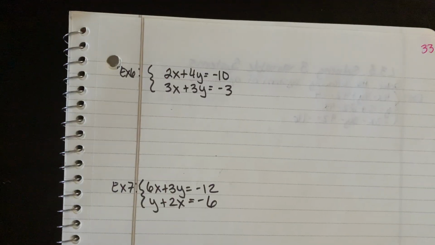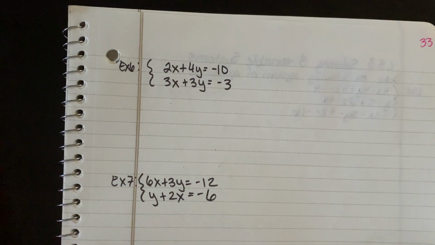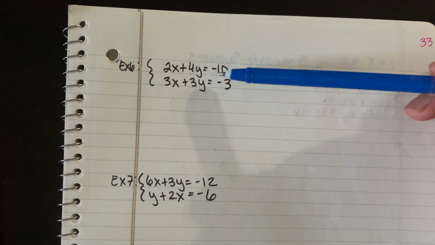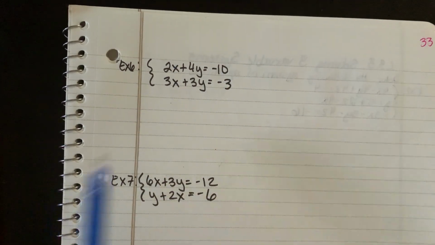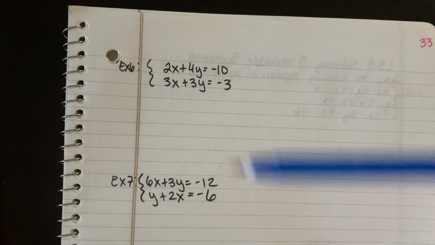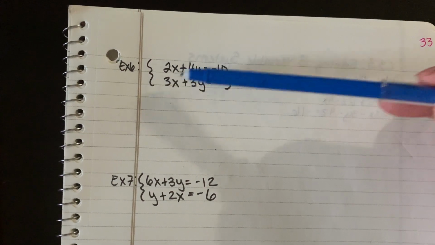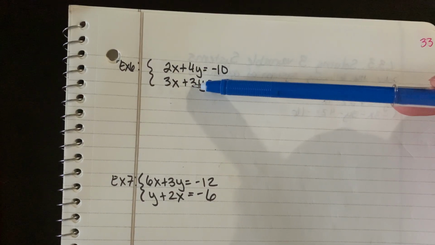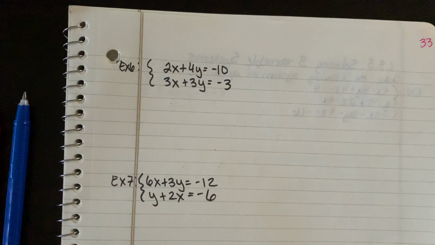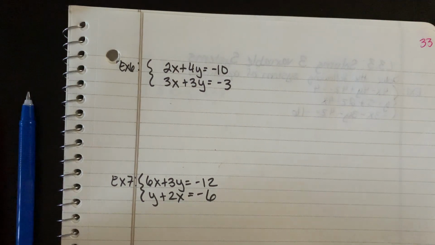Example 6. Same thing. Make sure that your variables line up: x's, y's, numbers. We're good. Now for this one, you're going to notice that this is a 2 and a 3, those don't match. And this is a 4 and a 3, those don't match. So for this scenario, we're going to manipulate the equations and force them to match.